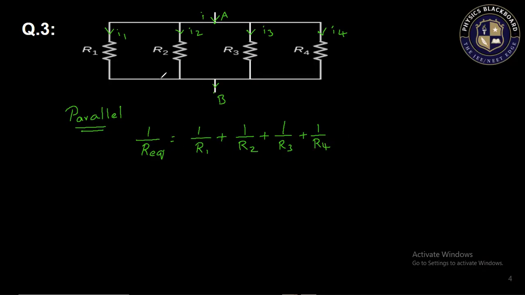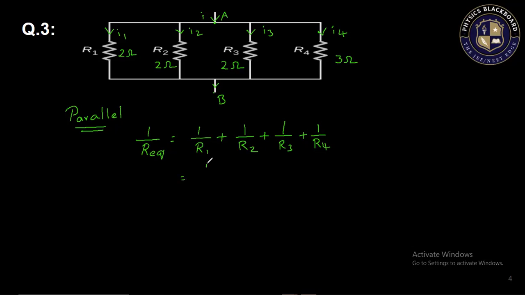Here we got four resistors. Let's say R1 is taken as 2 ohms, R2 can also be taken as 2 ohms. Let's say R3 is 2 ohms, R4 is 3 ohms.